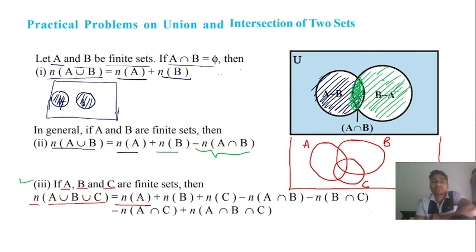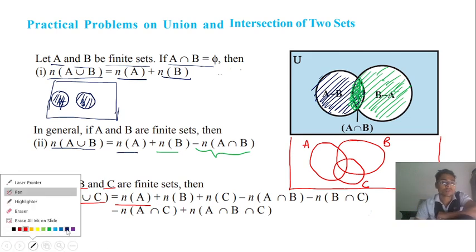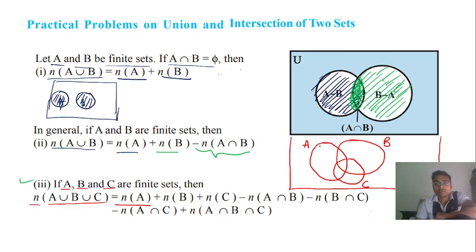You will have to add the number of elements in A. I will try to visualize it diagrammatically: the number of elements in A, then the number of elements in B. So how to find the number of elements in B?